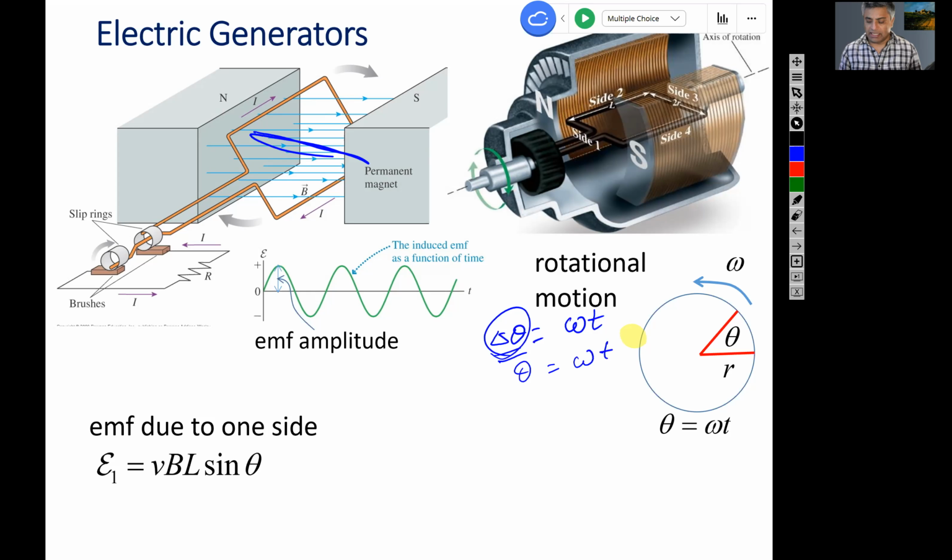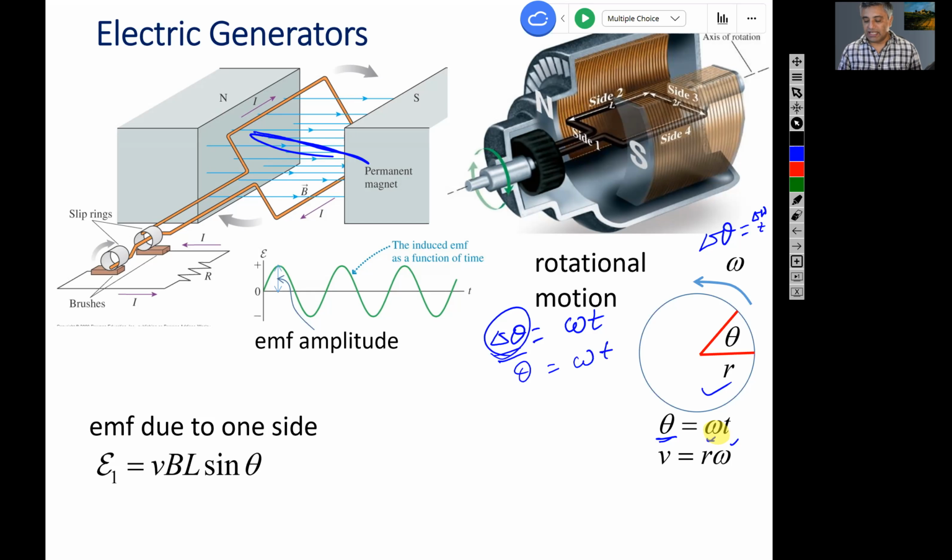We learned this in circular motion in physics 1, this relationship between theta, omega, and t. We wrote delta theta is omega times delta t. That is for the average value, and when we write this, this is the instantaneous value. At every moment, that is true.